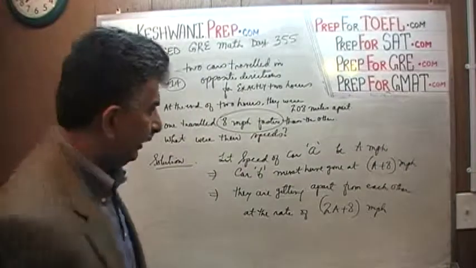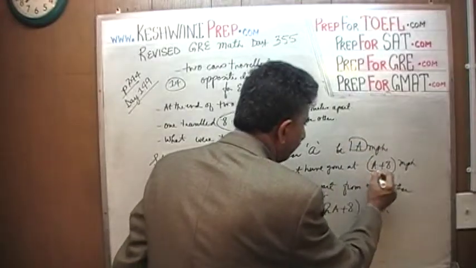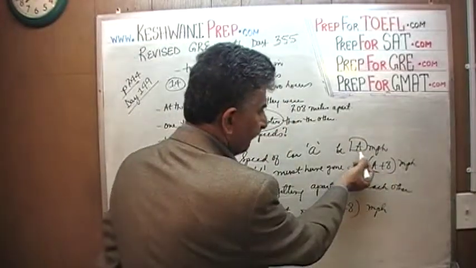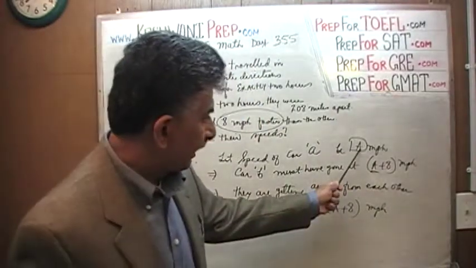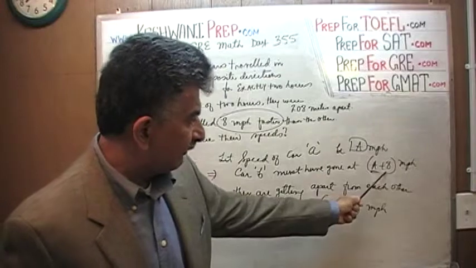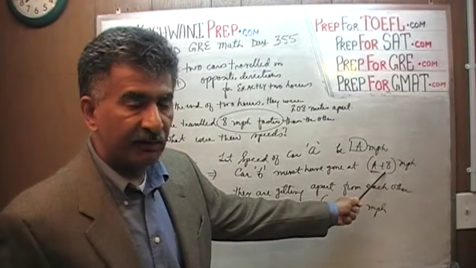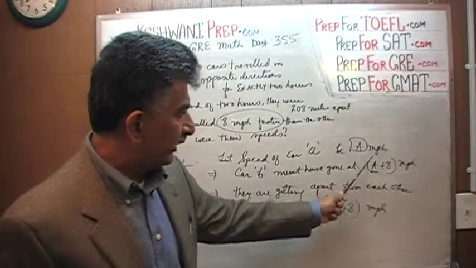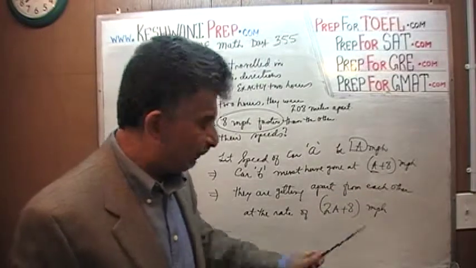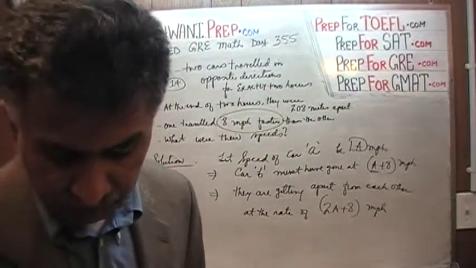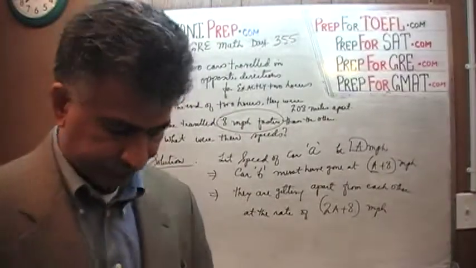Why 2 times A? Because it's going to be A plus A. If this guy is traveling at 30 miles an hour, then this guy is going to go 30 plus 8. So the total speed at which they are getting apart from each other is 30 plus 30, or 2 times 30 plus 8. 2 times A plus 8 miles apart. That's how far apart they're going.